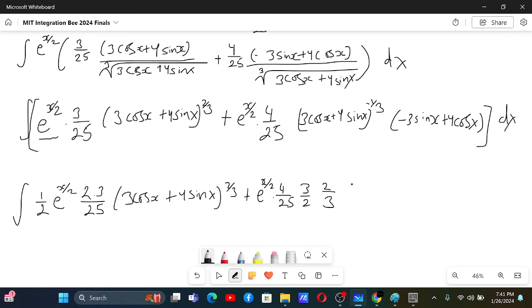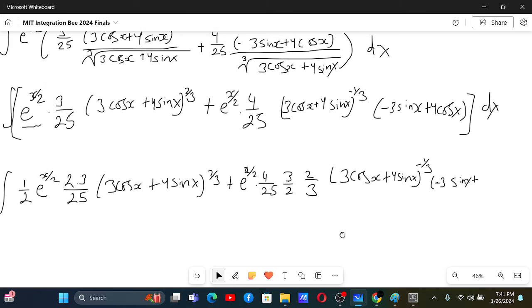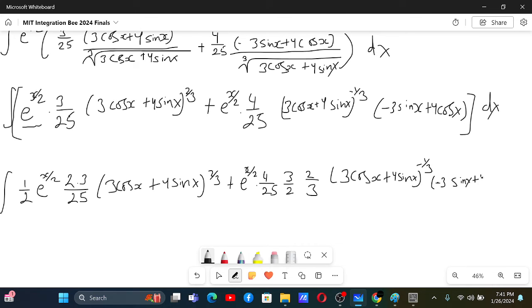Then this will be 3 cos x plus 4 sin x to the power minus 1 by 3, and then its derivative, which is minus 3 sin x plus 4 cos x, and then this is whole dx.